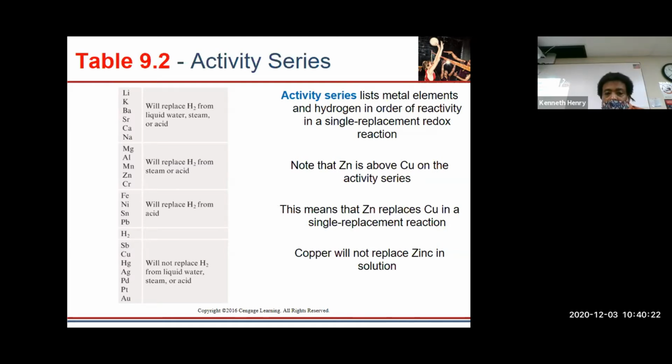We were talking about in our reaction just a second ago, we had zinc, solid, plus copper(II) nitrate.